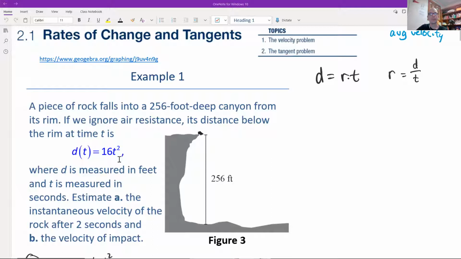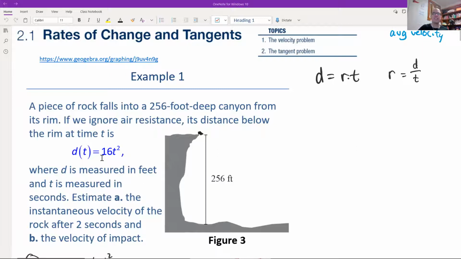And actually, as we will discuss later on when we learn how to take derivatives and antiderivatives, this is a pretty realistic function to describe how a rock falls, because the way that a rock falls is determined by gravity, and on the surface of Earth gravity is a pretty good constant, 9.8 meters per second squared, or roughly 32 feet per second squared.